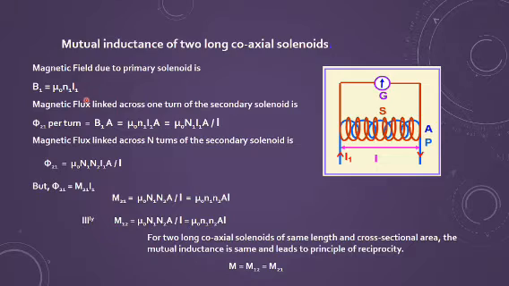Now because of this magnetic field produced by the primary solenoid, the magnetic flux linked with the secondary solenoid per turn is B1 into A, where A is the area of the secondary coil. Putting the value of B1, you can write it as mu naught n1 I1 into A.